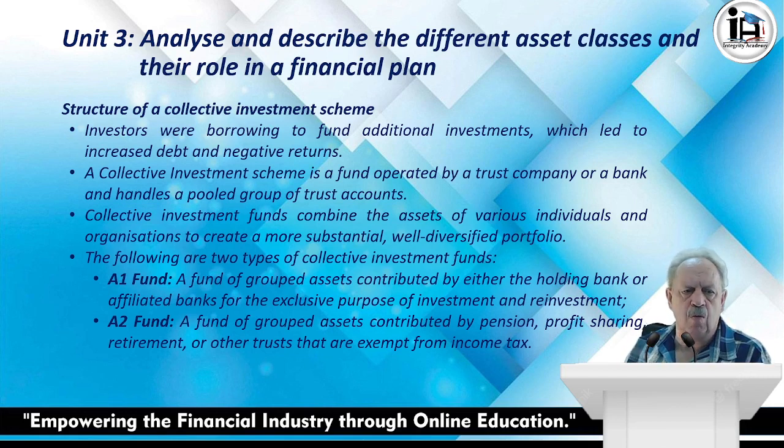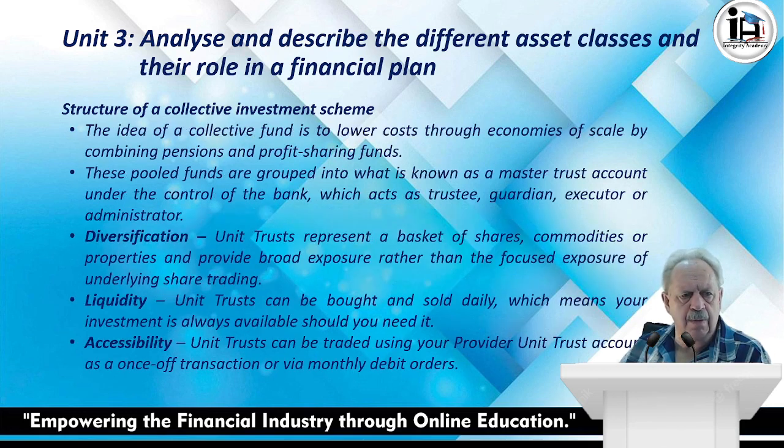You get an A1 fund, a fund of grouped assets contributed by either the holding bank or the affiliated banks for the exclusive purpose of investment and reinvestment, or an A2 fund, which is a fund of grouped assets contributed by pension, profit sharing, retirement, or other assets that are exempt from income tax.